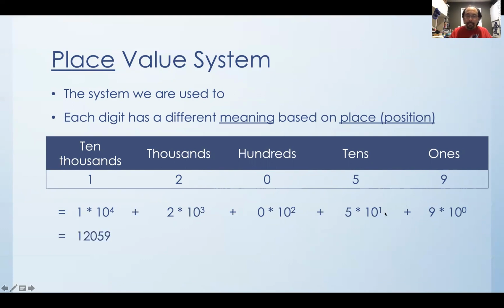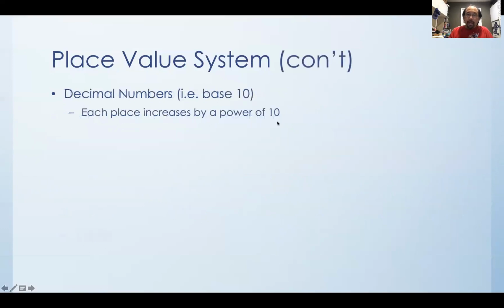Okay, that's what we've been using all this time, and it might not have been spelled out exactly that that's how we're doing it, but that's how this base 10 place value system works. Tens, hundreds, thousands, 10,000s. And so every place increases by a power of 10.